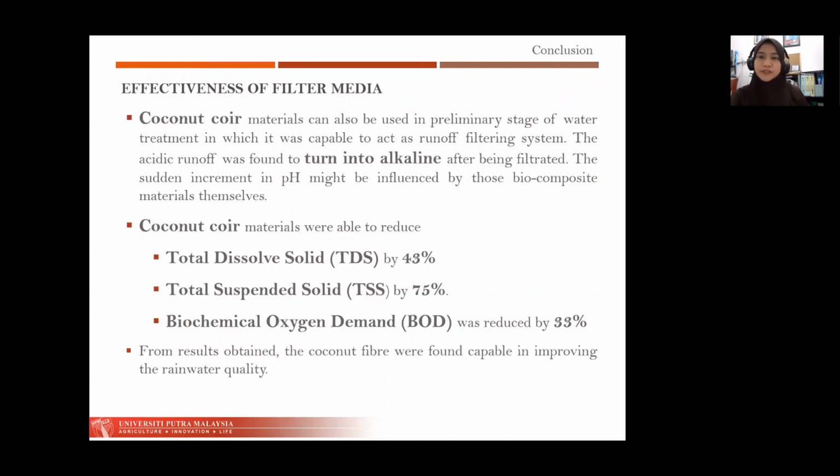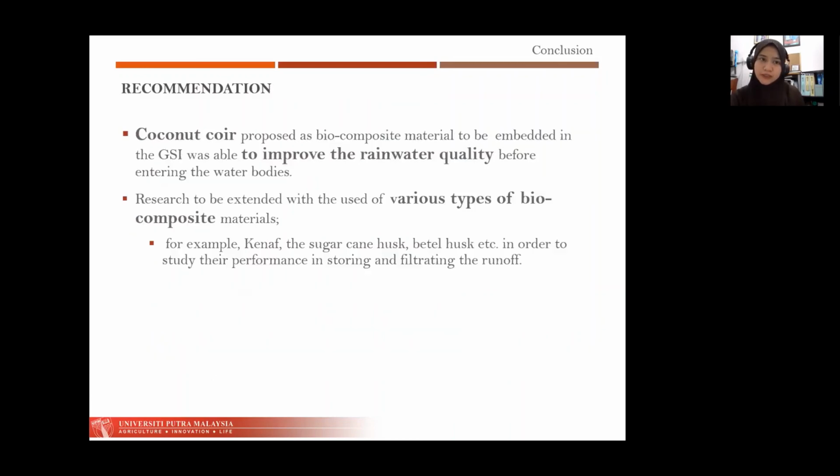From the result obtained, the biocomposite materials such as rice husk and the coconut fiber were found capable in improving the rainwater quality. From there, it can be concluded that the research objective generally has been achieved, where the proposed biocomposite material, especially the coconut coir, embedded in the GSI, was able to improve the rainwater quality before entering the water bodies.